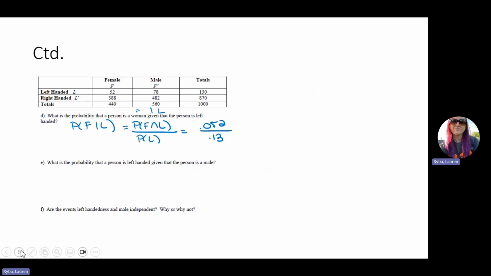So if I'm only looking at left-handed people, this gives me 0.4. So what this is telling me here is 40% of the left-handers were women. Means 60% of the left-handers were the males.